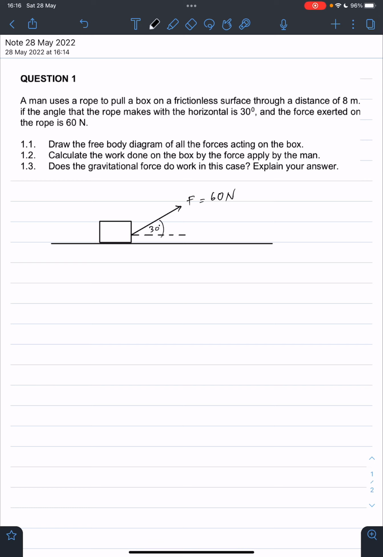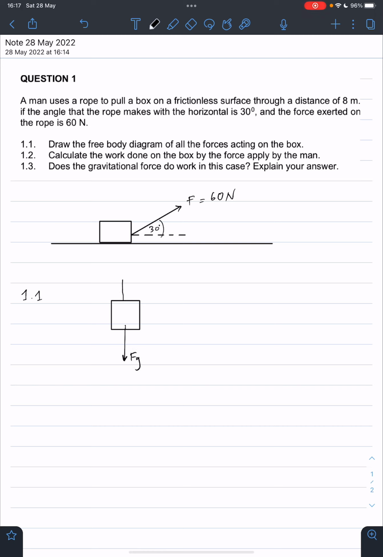So the first question says we should draw the free body diagram. What I usually like to do is first draw the box like this, and then label all the forces that I know are acting on it. If this box is resting on the floor, then definitely it should have its weight, which is Fg.